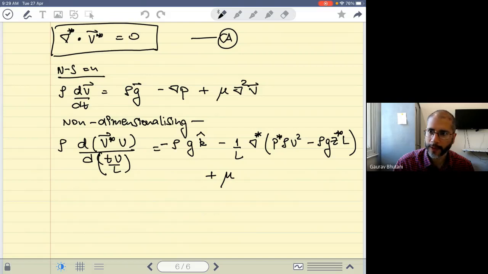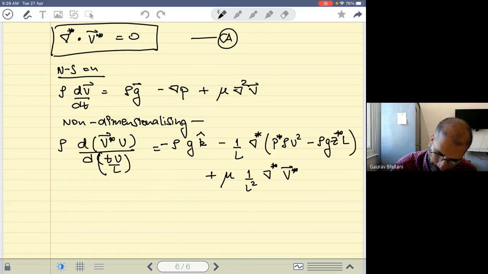A square of grad has terms like del 2 by del x2, with x square in the denominator, or del x times del x, which gives us the dimension of L square. So we have a 1 by L square times grad star, and then vector v can also be non-dimensionalized. So we write v star times u.